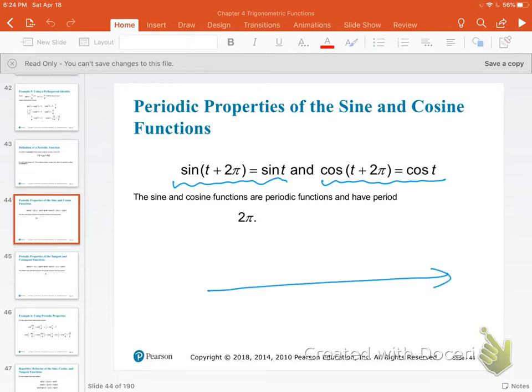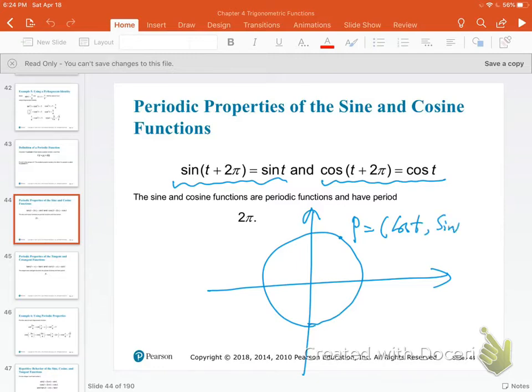We know that a point P on the unit circle is cosine t comma sine t if the angle is t.